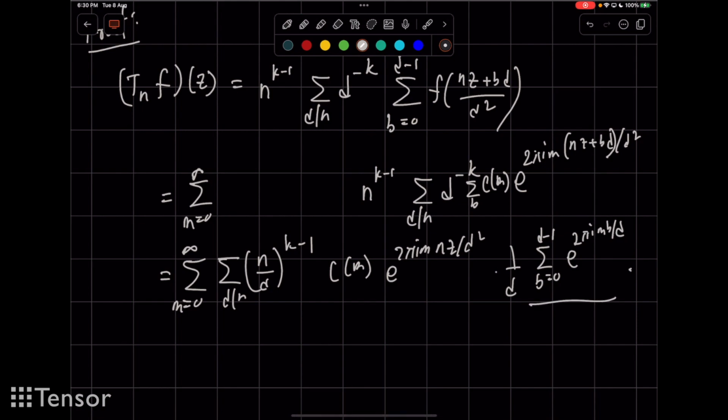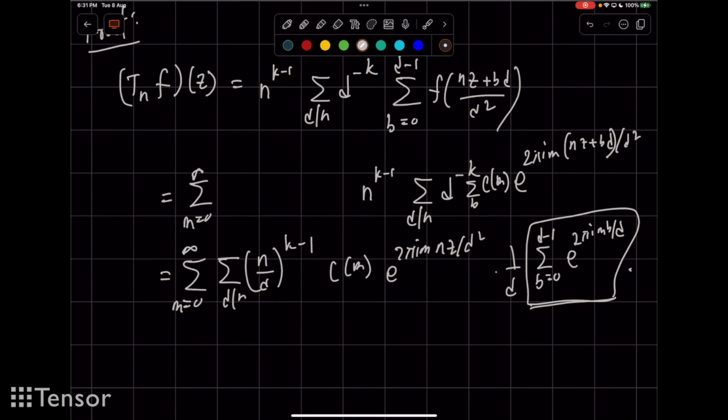Now, what is this b sum right now? Exactly. The answer is almost correct. That's 0 when d does not divide m. When d divides m, this sum is not 0.